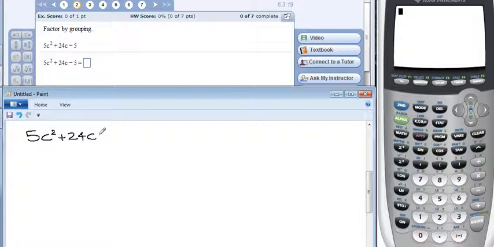We have 5c squared plus 24c minus 5. Again, 3 terms in the x squared, x, no x pattern. This time we have a lead coefficient of 5 that we can't factor out because this term right here doesn't have a 5 in it. So we're going to use the AC method. My first step is to multiply A times C.